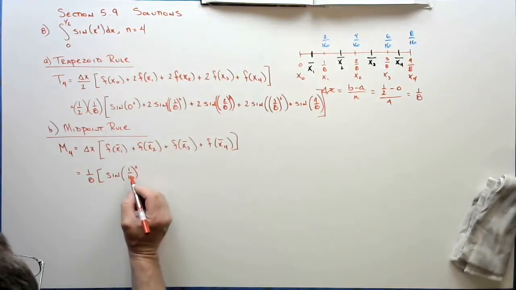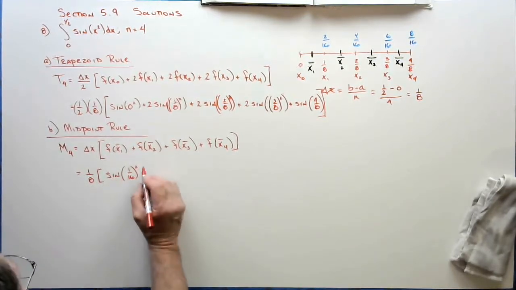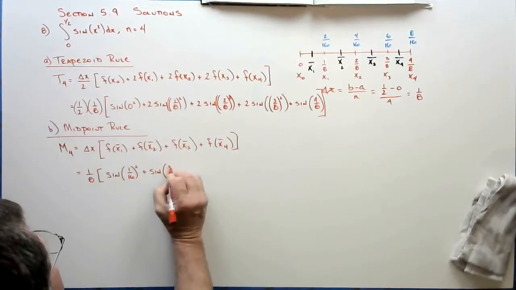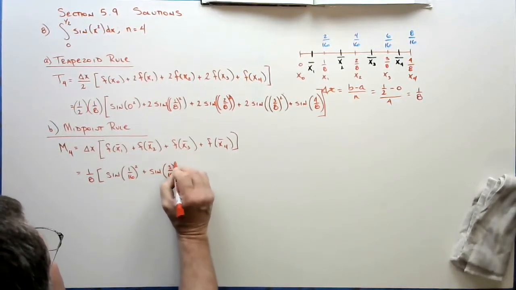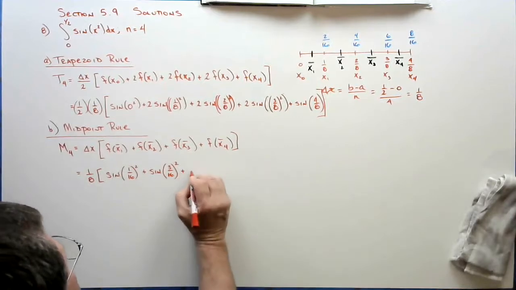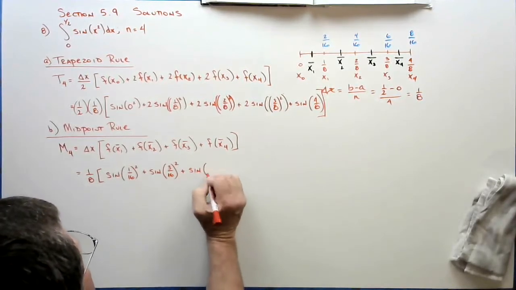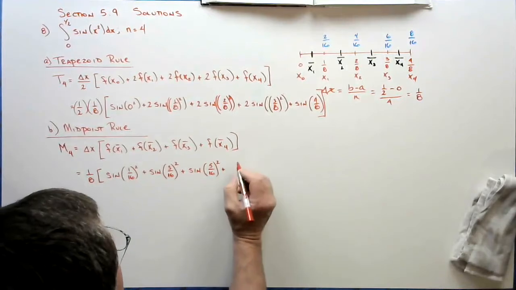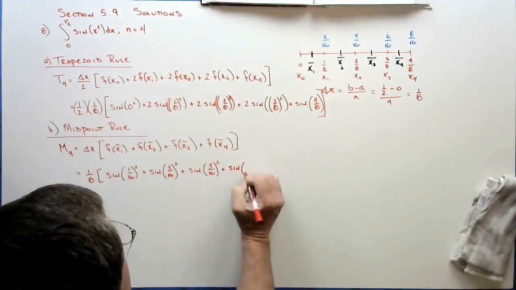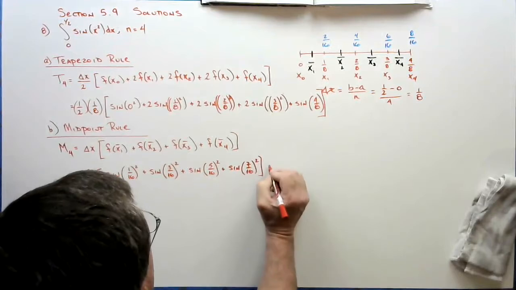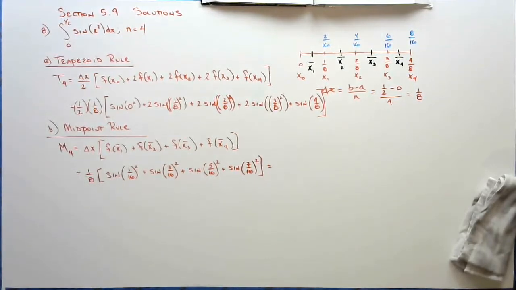So we're going to square that first and then take the sine, plus the sine of 3/16 squared, plus the sine of 5/16 squared, plus the sine of 7/16 squared. And that would give us our answer to the midpoint rule.